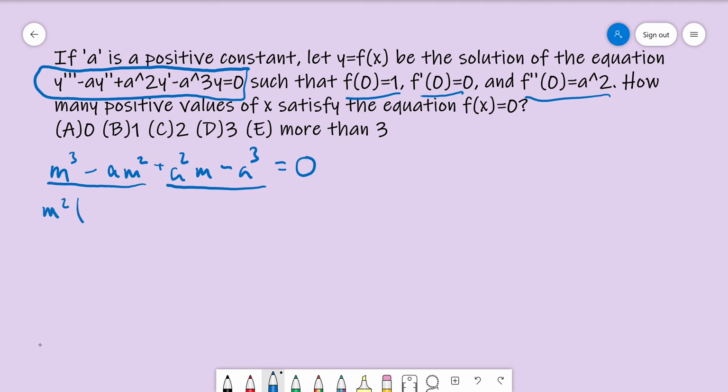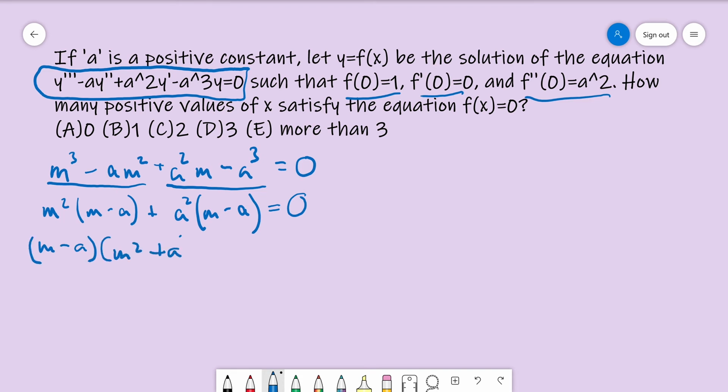You get m squared times m minus a plus a squared times m minus a all equal to 0. And if we factor out m minus a, we'll get m minus a times m squared plus a squared equal to 0.